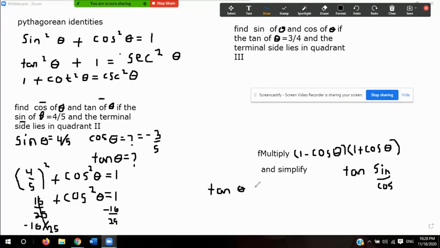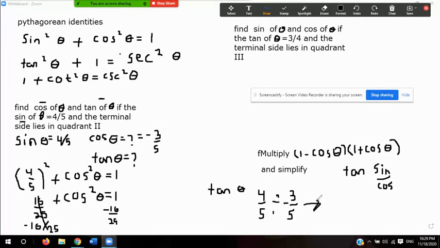The sine in this case would be 4/5 divided by -3/5. Remember that whenever we're dividing a fraction, sometimes you'll see them written like this, or one over the other. It's the same thing. Whenever you're dividing a fraction, you're multiplying by the reciprocal.